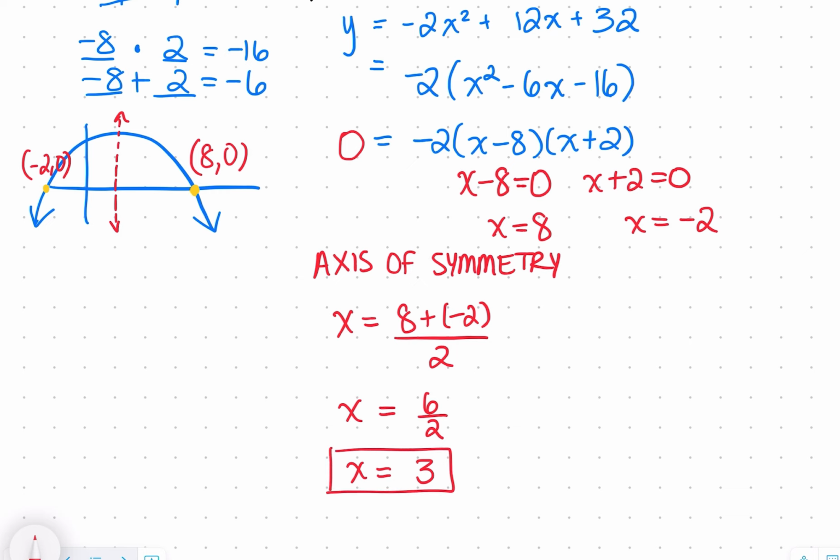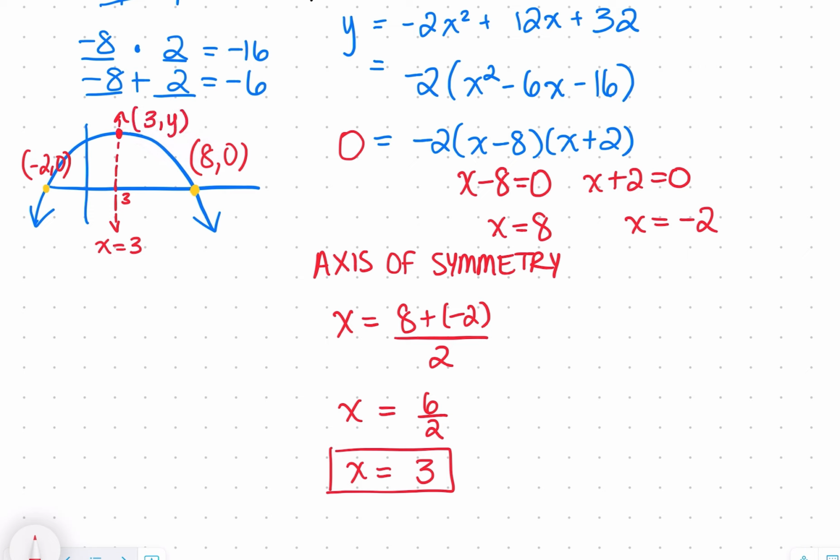We write the axis of symmetry as an equation because it represents a line, a vertical line. And in this case, it turns out to be at x equals 3. So this is x equals 3 here. Why is that useful? Well, that also happens to be the x value of our vertex over here.